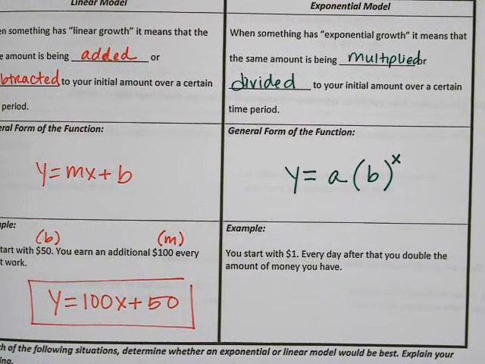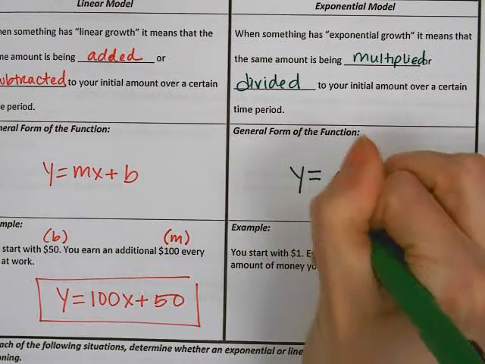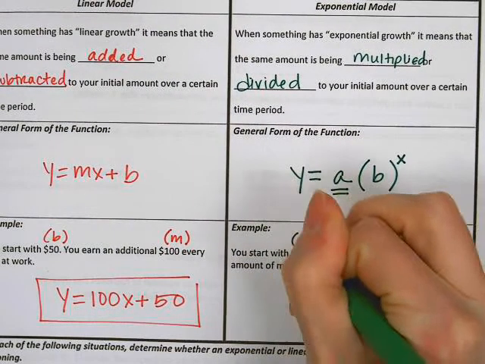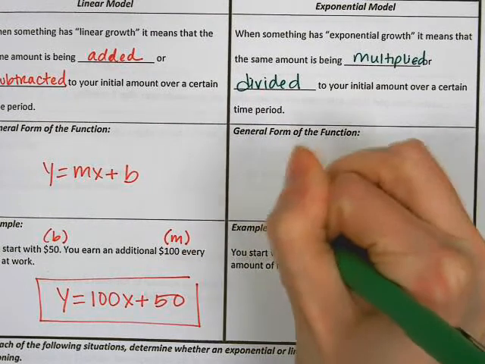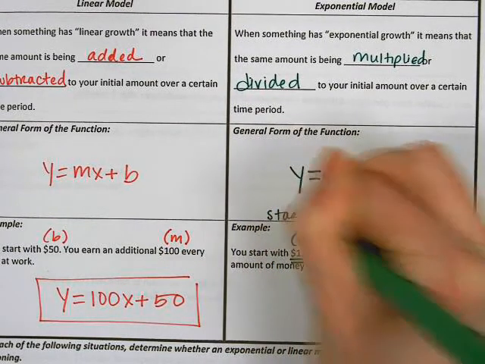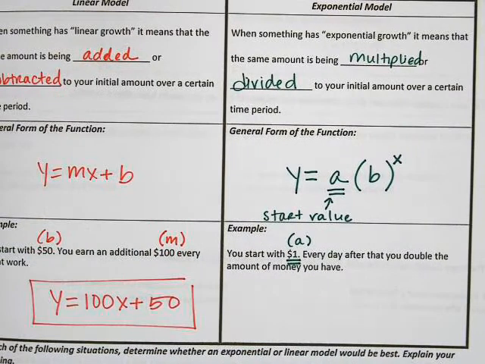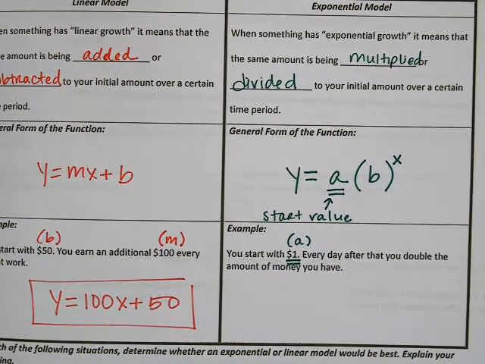Okay, let's look at this one. You start with $1. A is the starting amount. Okay, so $1, that's going to be A. And let's write that down here. A is the start value. Now, B is how much you're multiplying or dividing by every time.